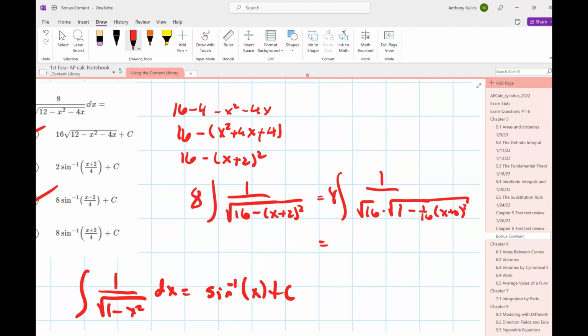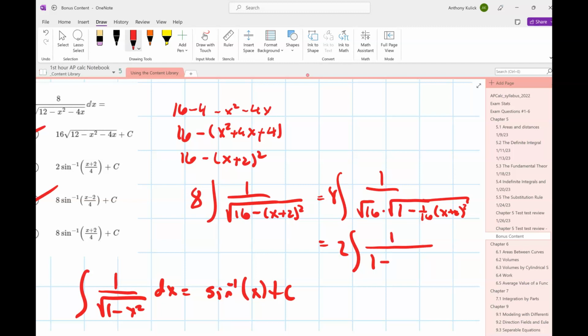Now the square root of 16 is just 4. So that's going to become a 4 out front for me. Oh, I'm sorry, 2 out front.